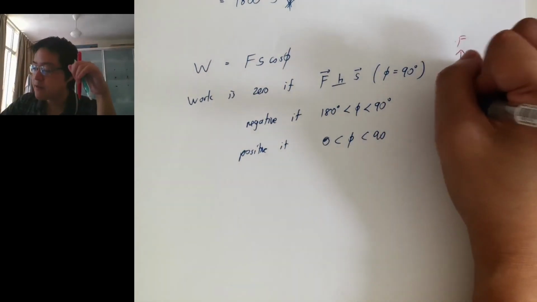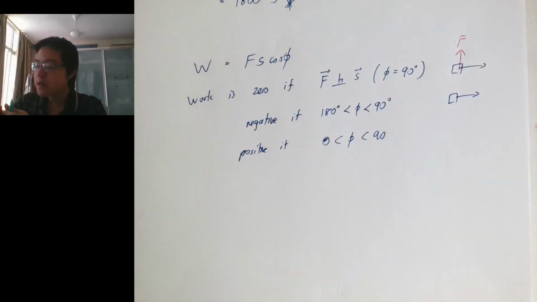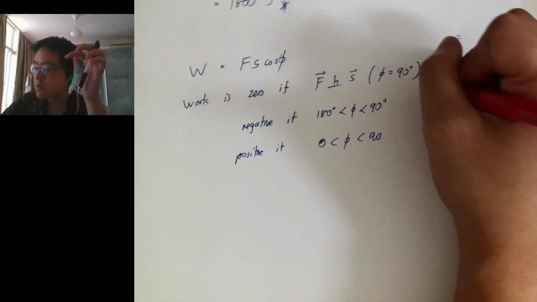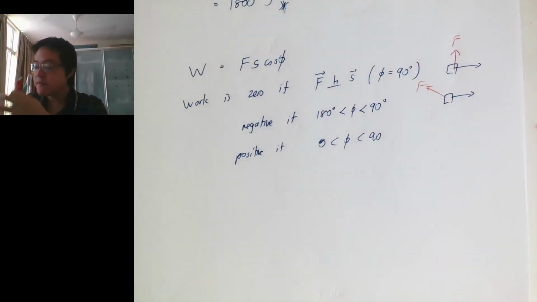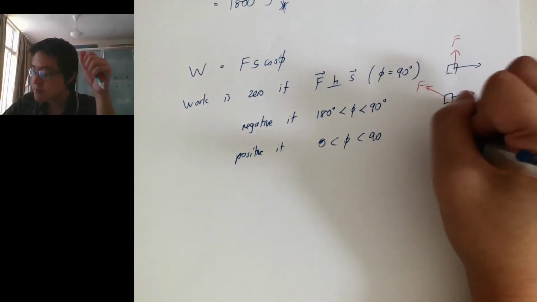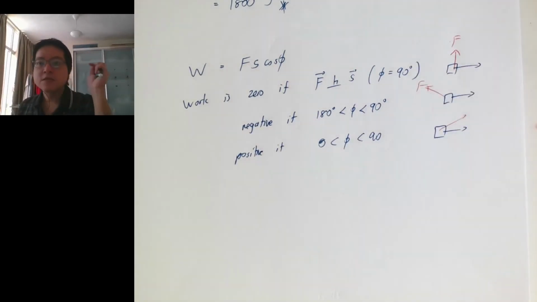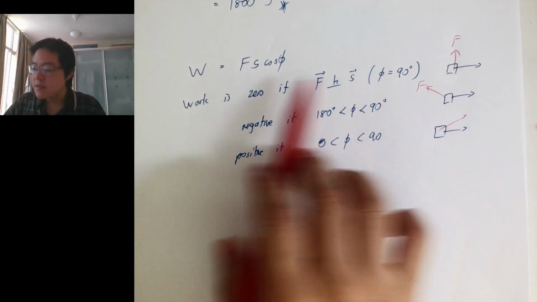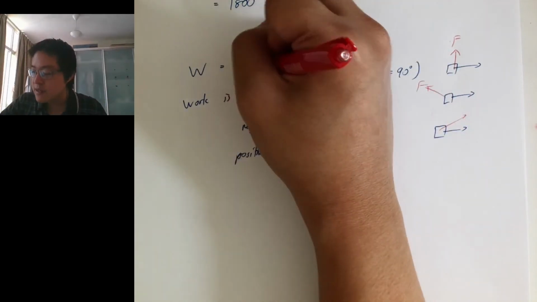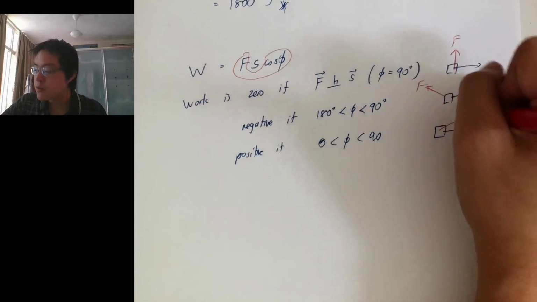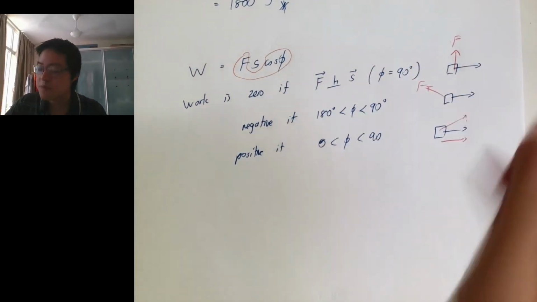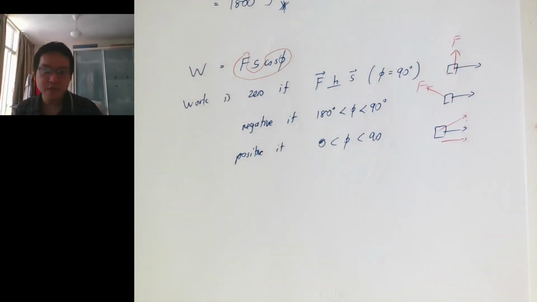If my object is moving this way and my force is this way, the work done is negative. But if they are generally pointing in the same direction, then you will get a positive work done. This F cos theta is just measuring the component of the force that is contributing towards the direction of motion.